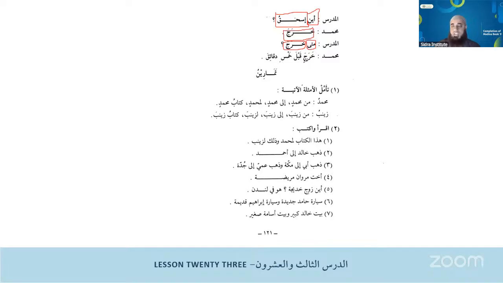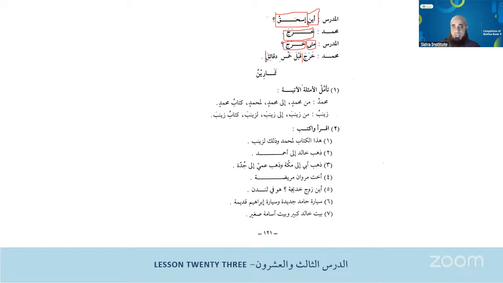Tarkeeb, kharaja is fi'l madi. The fa'il is huwa, which is inside, and it refers back to Ishaq. So kharaja is fi'l, so we got the verb. Then we got qabla, which is mudaf. Khamsi is mudaf again, because we got a double possessive phrase. And daqa'iqa is mudaf ilayh.